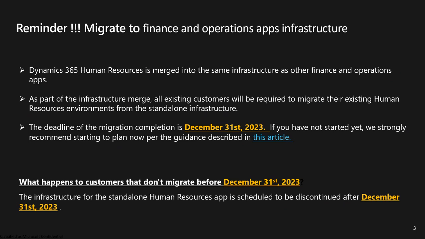With this infrastructure merge, Dynamics 365 HR comes into the same infrastructure as finance and operations apps. All existing customers are required to migrate their existing HR environments from the standalone infrastructure to the finance and operations apps infrastructure. This standalone HR app is scheduled to be discontinued after December 31st, 2023.